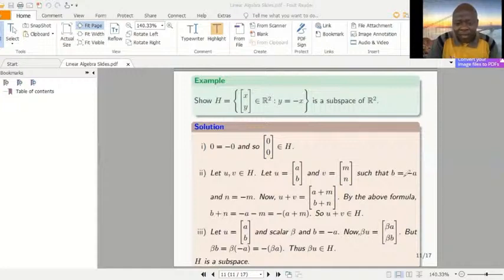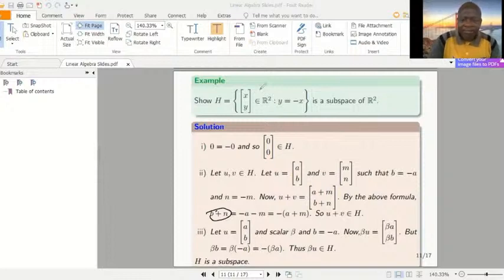And using this, instead of b, I write negative a. And instead of n, I write negative m. And then factor negative 1 outside. That is what I have. That the second element is the first element times negative 1. And so, u plus v is in H.